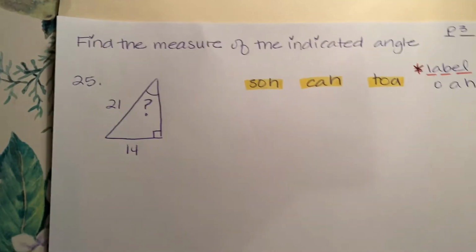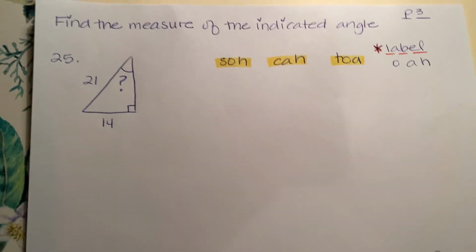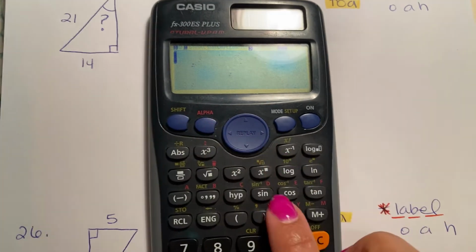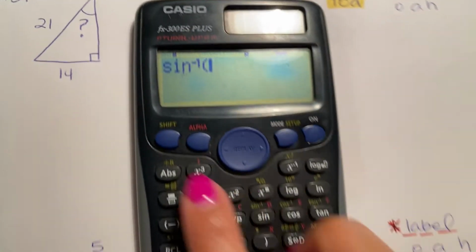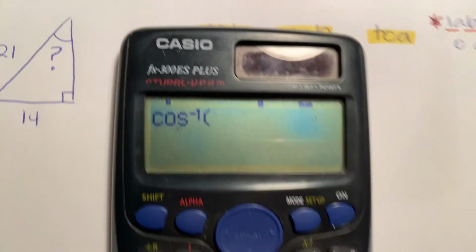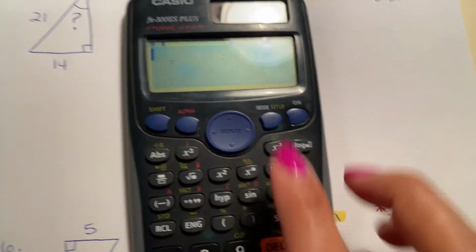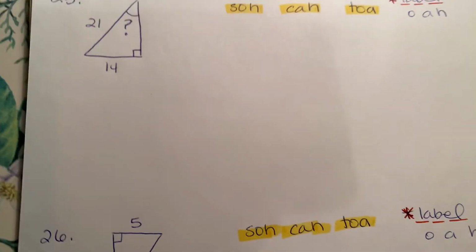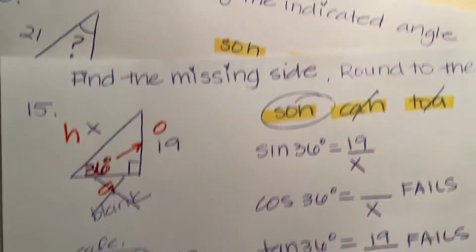Okay, now we're going to go into the inverse. So if you guys recall that shift sine, right? Shift cosine, right? Your inverse. Shift tangent, okay? Okay, so notice here, which says find the missing side.